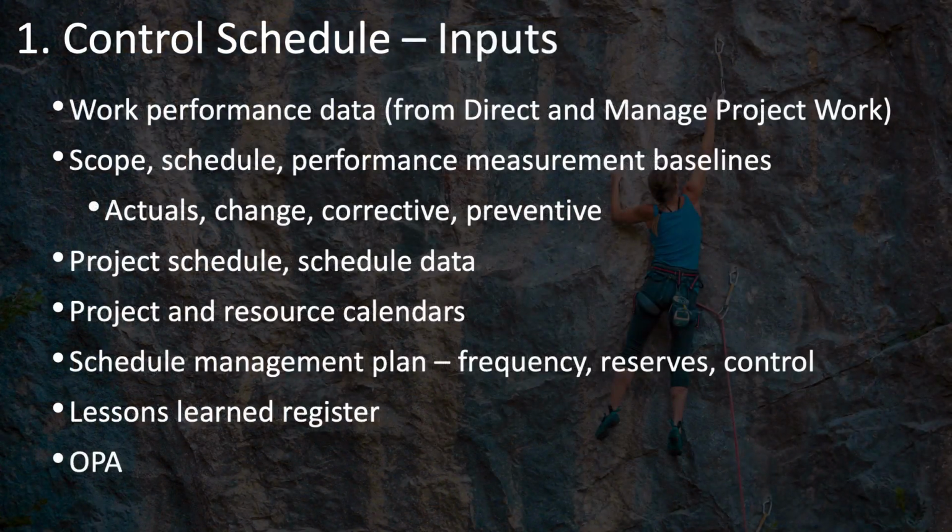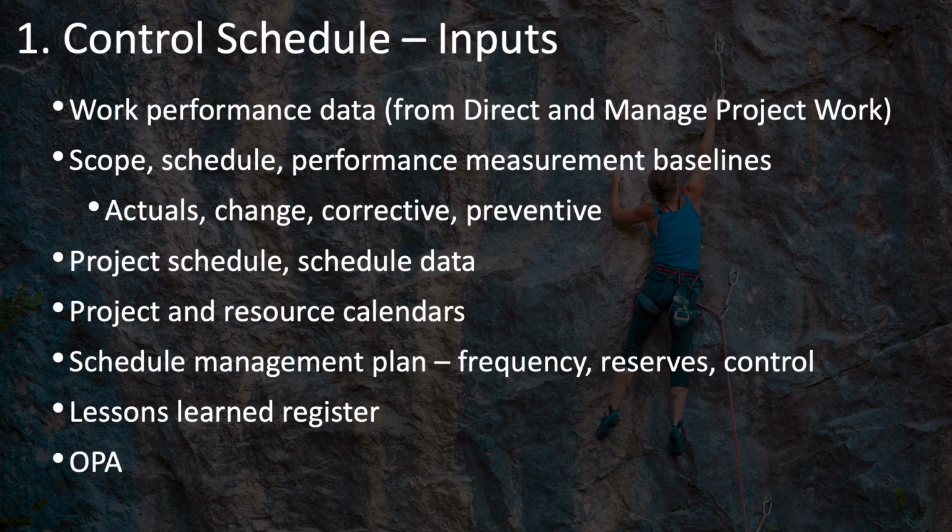Now we come to the control schedule process's inputs. These begin with work performance data, which comes from the direct and manage project work process. This includes actuals data, particularly the actual start dates of activities, their current status, their degree of progress, and the estimated completion dates, and their actual finish dates.